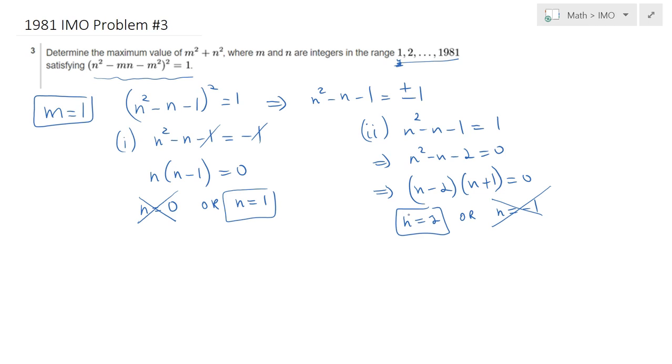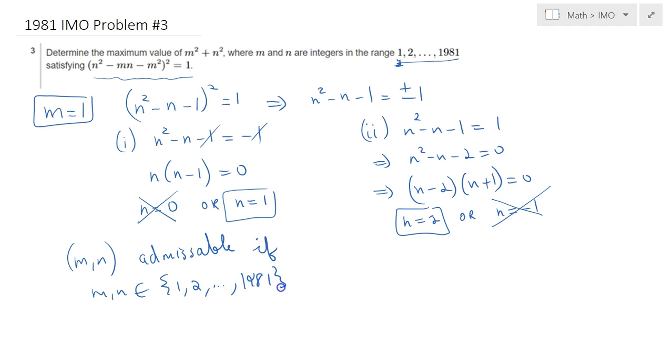So from now on, let's call a pair mn of positive integers admissible if m and n are in the range 1 up to 1981, and they satisfy the given equation, n squared minus mn minus m squared is equal to 1.